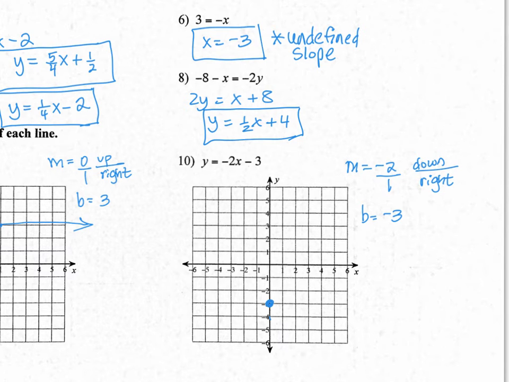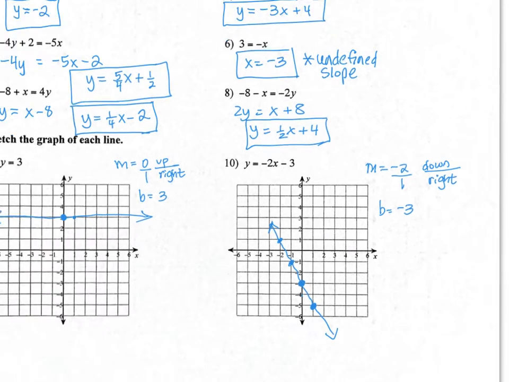So down 2, right 1. And if I ran off the graph, I could actually go backwards and go up 2, left 1, up 2, left 1, up 2, left 1. So you can go the other way if you need to. And the line looks like that. Now I'm hoping on your paper you're using a ruler and making this nice and straight, because that is the way it should be.